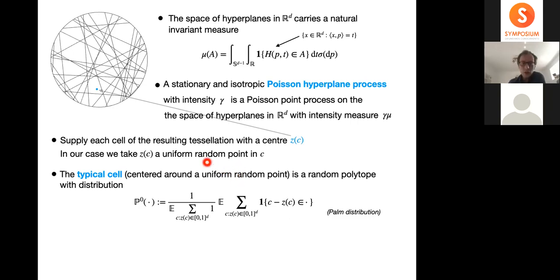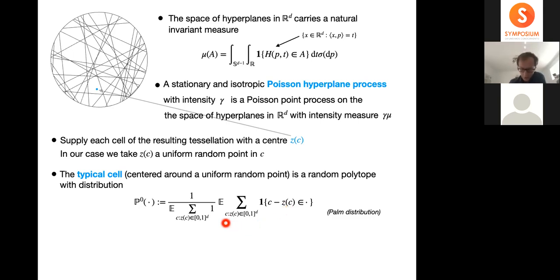And now you do the following thing. You look at a window of volume 1. Let's say you look at the unit cube, or a disk, a ball of volume 1, and you take all these centers and the corresponding polytopes around them, and you shift them to the origin, such that their center is now at the origin.